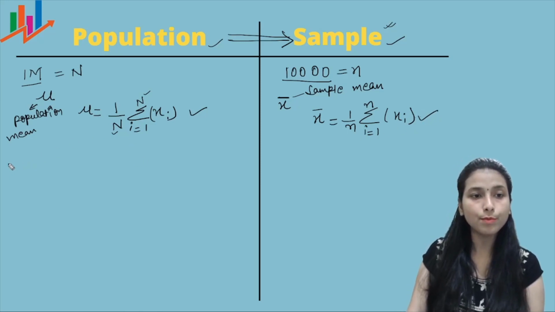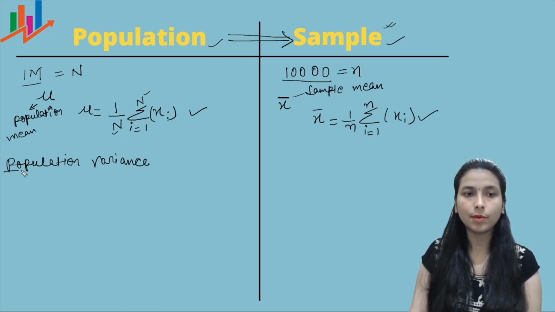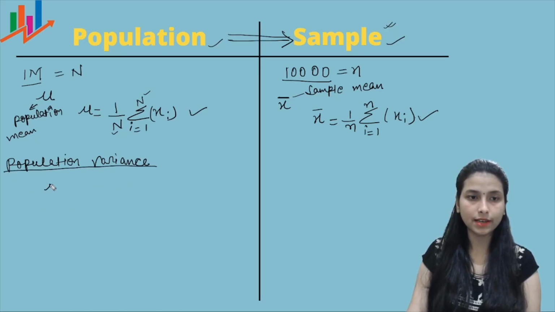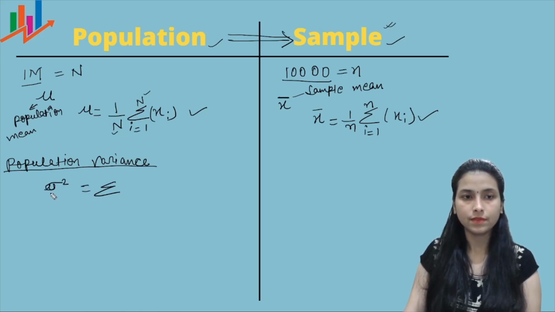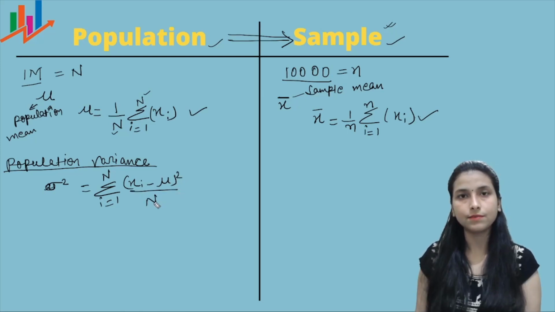Now if I talk about population variance, the population variance is represented by sigma square, equal to summation of i equal to 1 to capital N, x i minus mu, square, divided by capital N. So this is the formula for population variance.